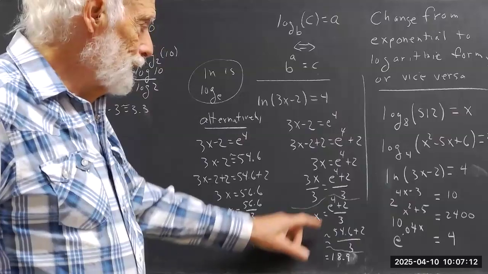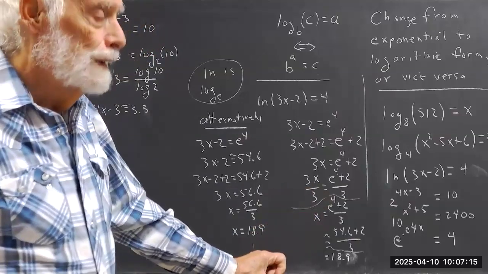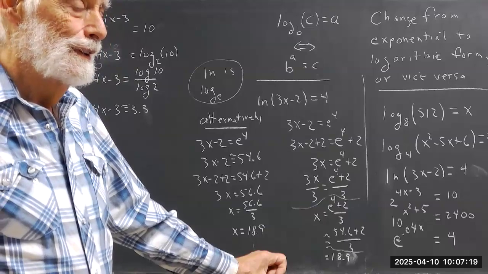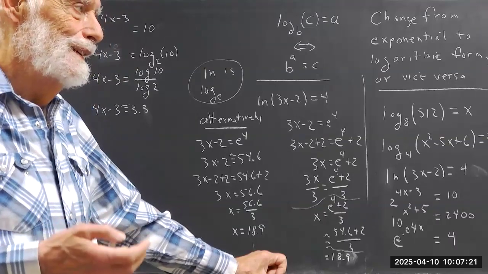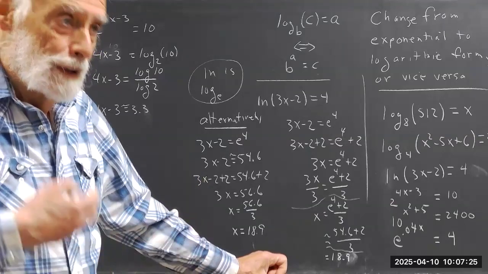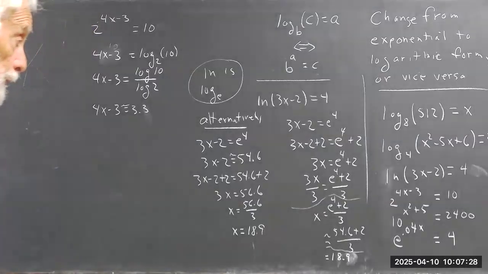And that's just because e is an irrational number. And you can't get the exact value. You can just round off to as many significant figures as you think you need.